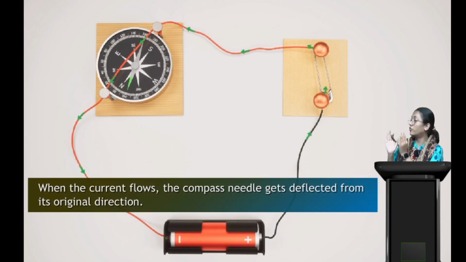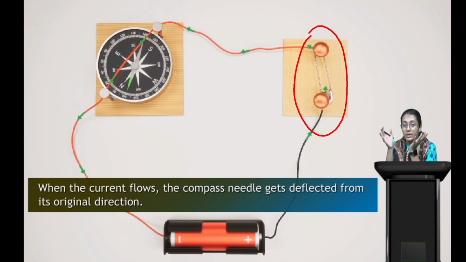Because when the current flows, the compass needle gets deflected from its original direction. Whenever the current is flowing, as we turn on the switch, that means what? That means the current is now able to flow through the electric wires, isn't it?